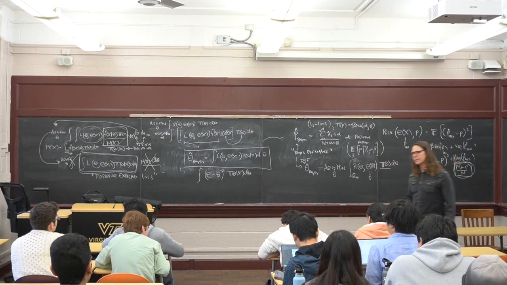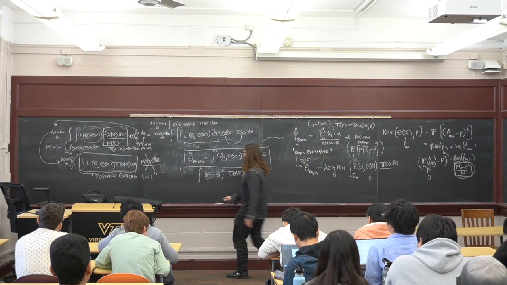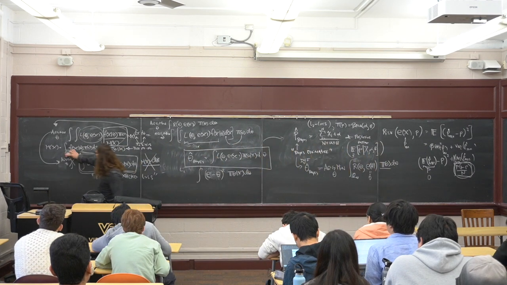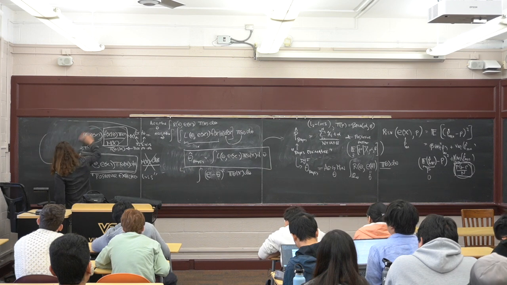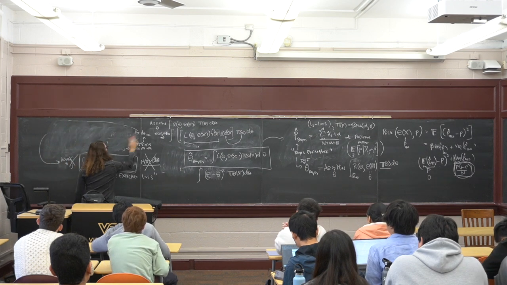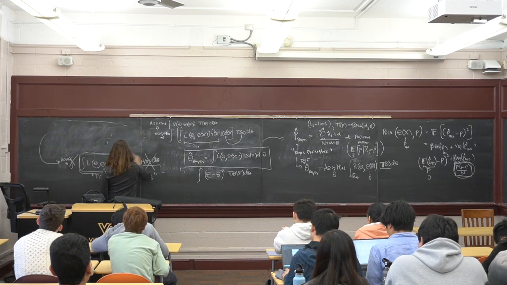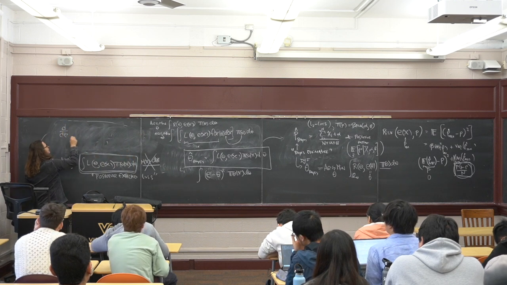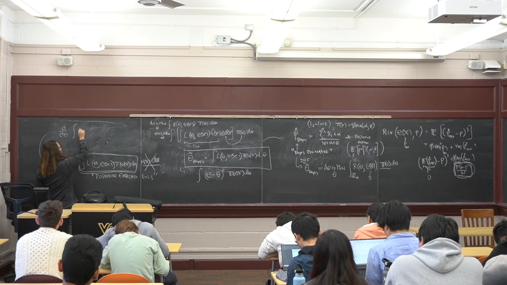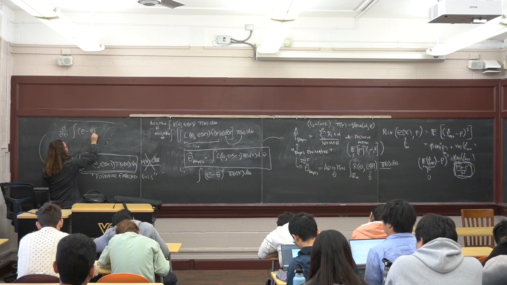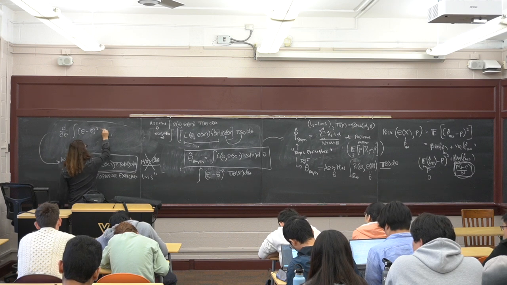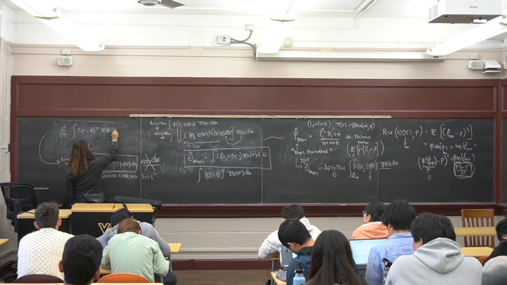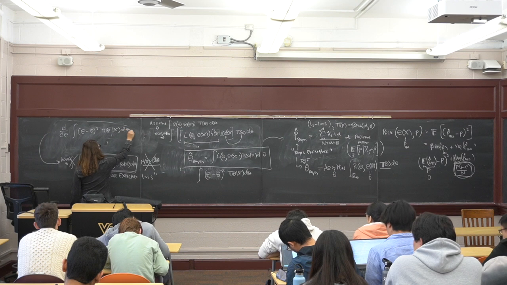I'm not thinking about it like that. So if I want to optimize this, I can do it directly: d/dE of the integral of (E minus theta) squared times pi of theta given X, d theta.